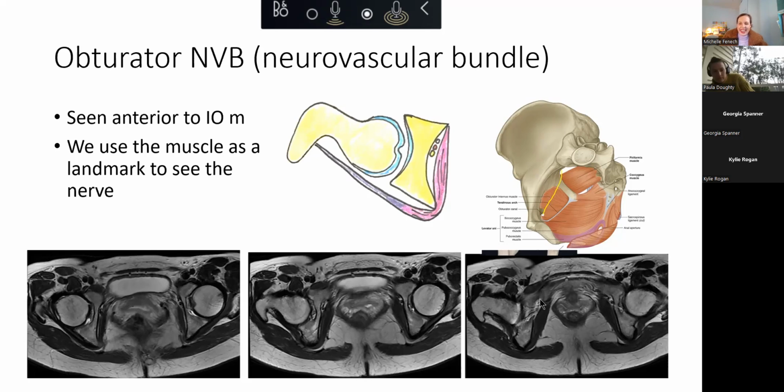In what order can change, and at this point you're just calling it the neurovascular bundle. But can you see them there and there? And can you see how I said, where does that nerve sit relative to that? What aspect of the obturator internus muscle does that nerve sit? And we said anterior. Can you see how it's sitting along the anterior aspect of this muscle?